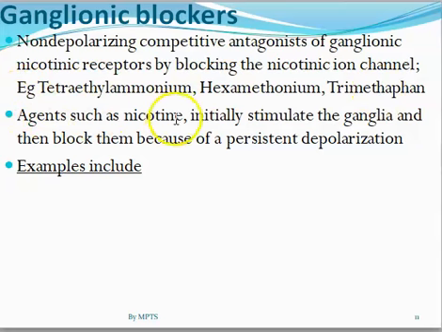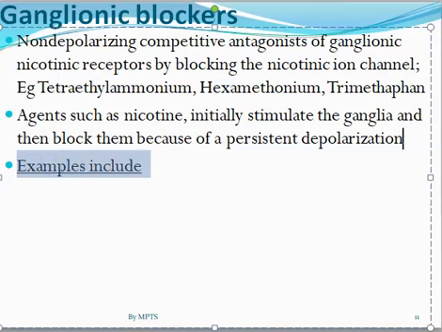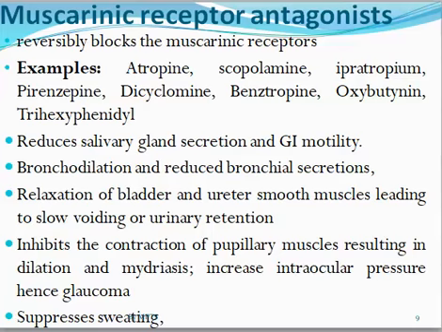Others, such as nicotine, are first stimulant or depolarizing, and then due to sustained stimulation, lead to block. Agents such as nicotine initially stimulate the ganglia and then block them because of persistent depolarization. Are you getting it? I'm sure you're aware of the side effects and a lot of information. Remember, this is a short presentation.